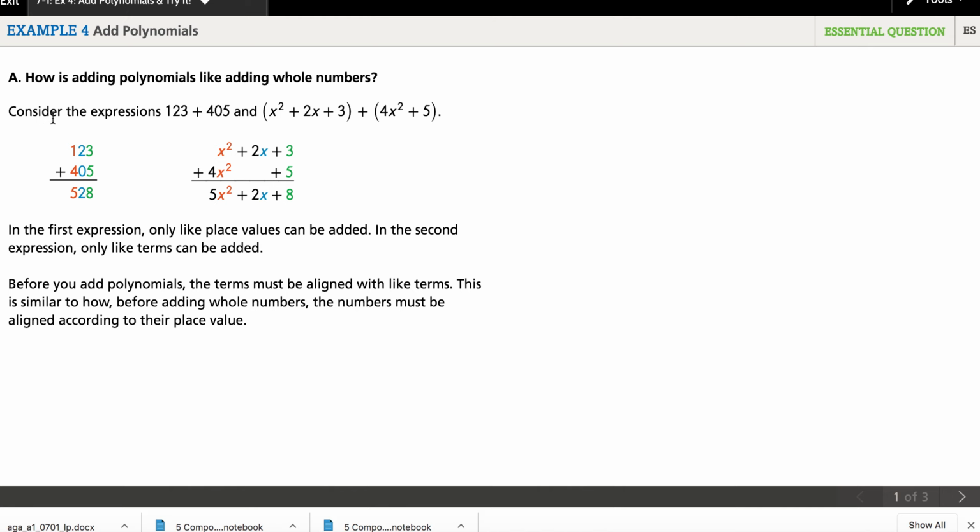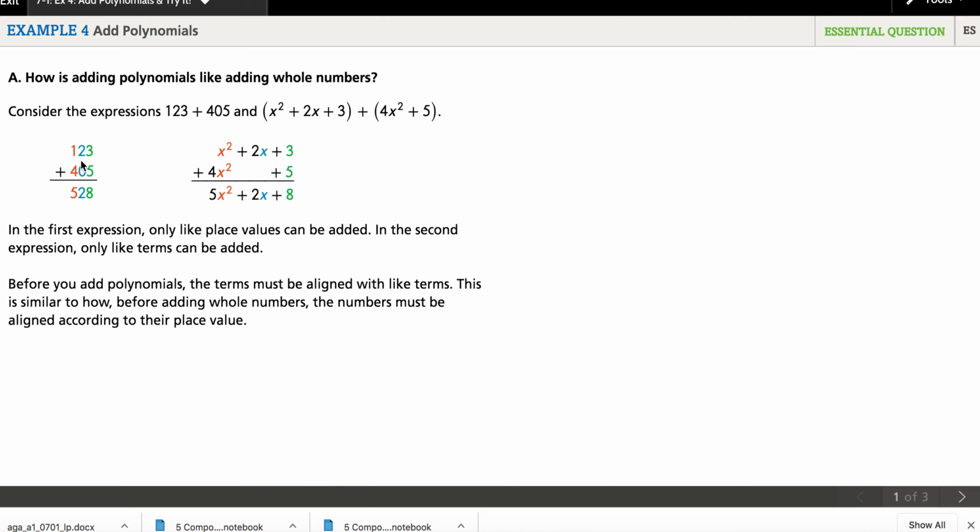Now, consider the expression 123 plus 405 and x squared plus 2x plus 3 plus 4x squared plus 5. So how do we add this? As you have learned in previous skills how to add expressions or numbers, how do you add them?